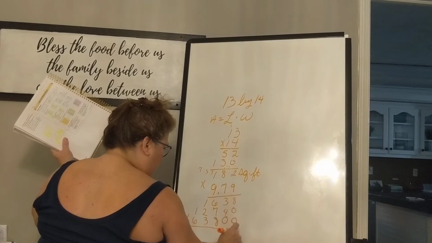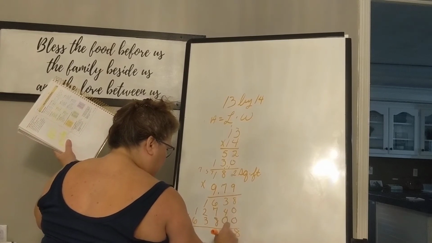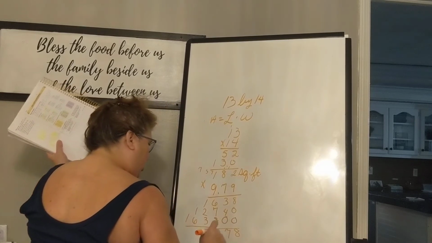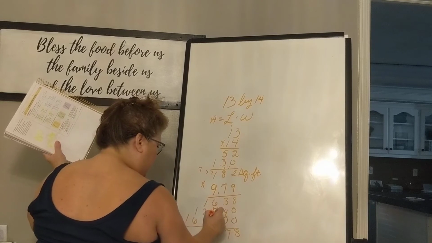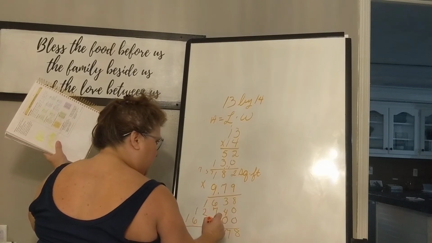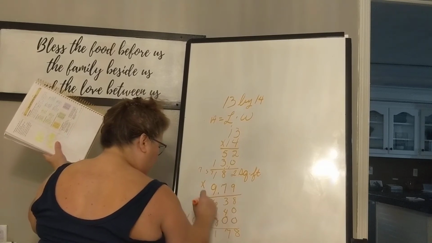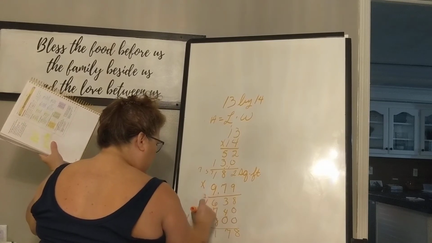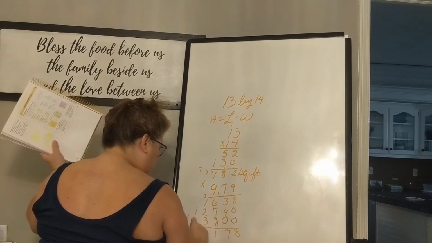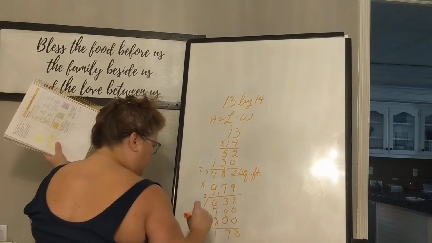We're going to add it all up. Our ones place is 8, tens is 7. Our hundreds place is 13, and 8 is 21. Put 1 down, carry the 2. 6, 7, 8, and 9. 7 and 1.